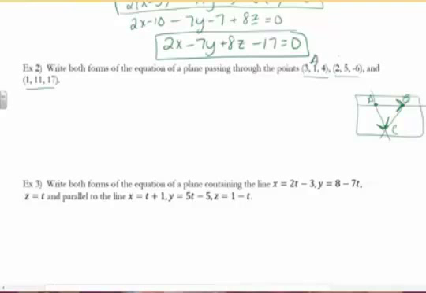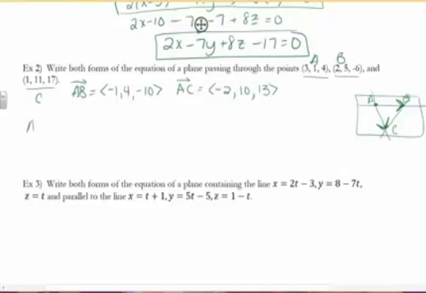So if I call this A, B, and C, vector AB is going to be negative 1, 4, negative 10, and AC is going to be negative 2, 10, 13.